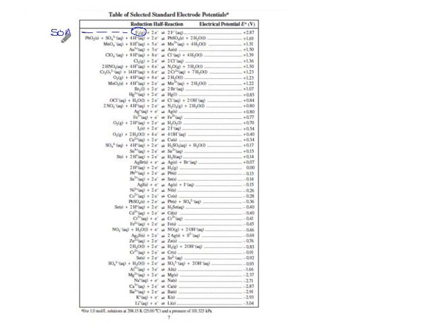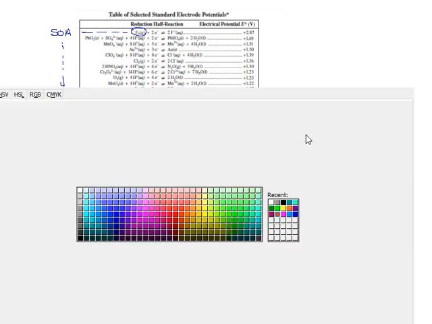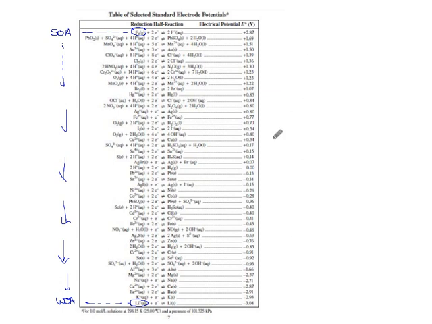And then as you go down this list, you get weaker and weaker oxidizers, fairly bad oxidizers, and at the bottom are the very weakest oxidizers. And over here, lithium ions are pretty much the weakest oxidizer you can imagine. Then on the other side, we have reducing agents going the other way.